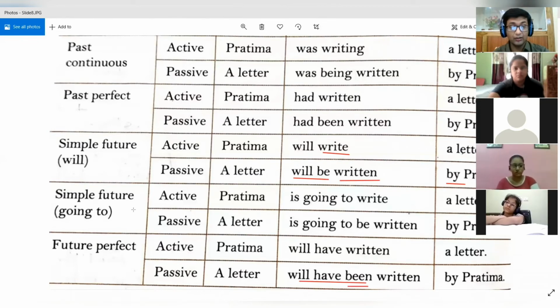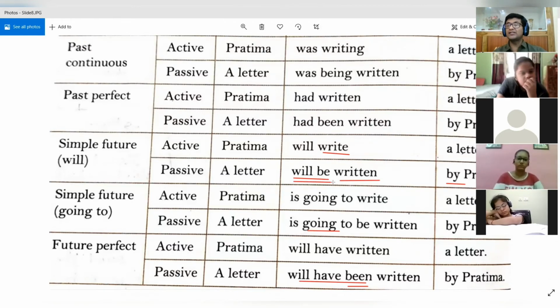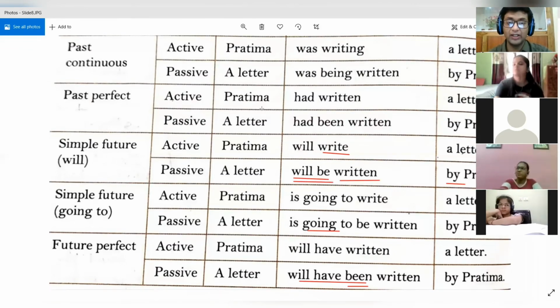For the ing form, it is going to be written, ing is being used, right? And for the simple form, it is will be written. So you will always find that there will be some changes regarding the be form of the verb. All right. So you need to remember it. You need to memorize these forms.